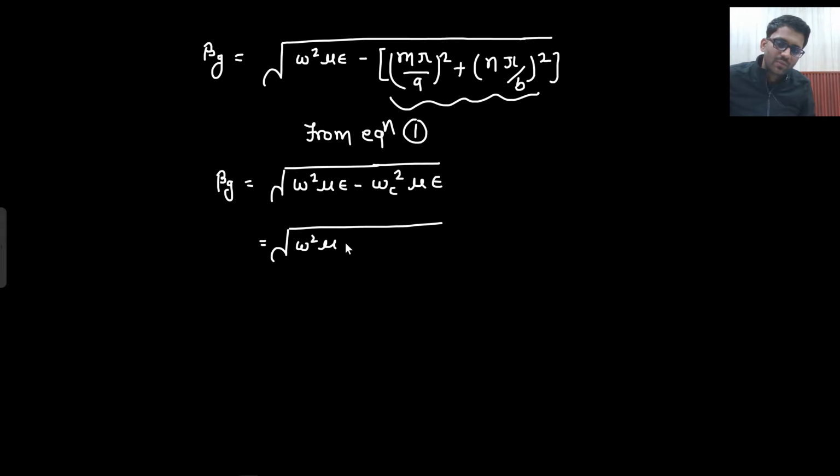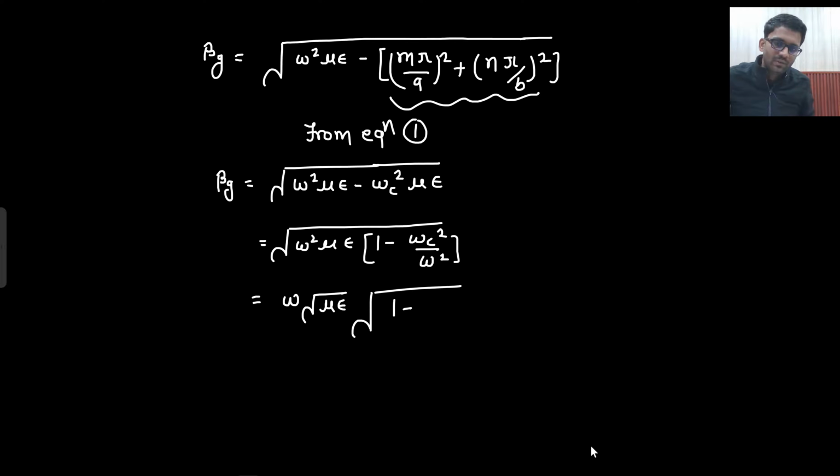So what is left here? 1 minus omega c square divided by omega square. So what will I get? Omega under root mu epsilon, then under root 1 minus omega c by omega whole square. This is your beta g.